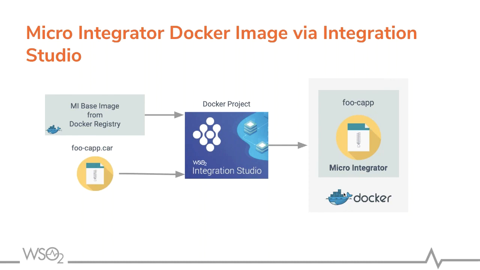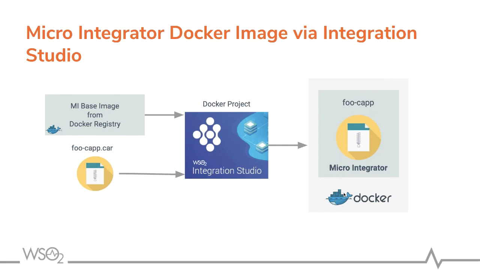The Docker project will output the immutable Docker image, where you have the integration artifacts, the composite applications, burned into the micro integrator. When I say you can pull the micro integrator base image from the Docker registry, you can decide which registry to use.